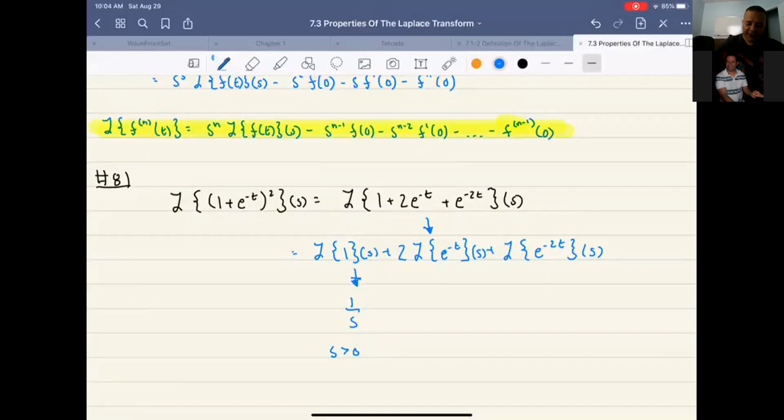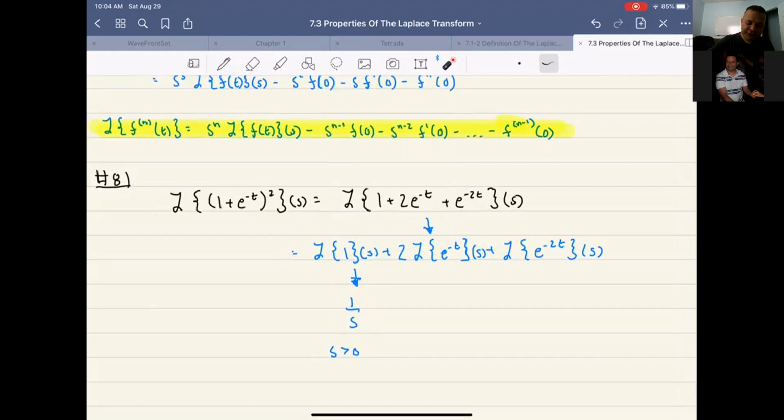Oh, sorry, I haven't shared my screen yet. Okay, so like I was saying, the Laplace transform of 1 is 1 over s for s bigger than 0.